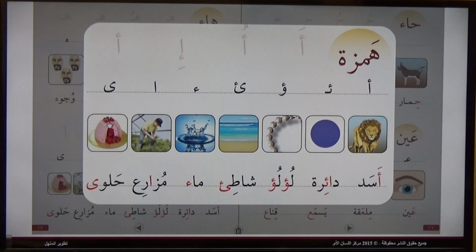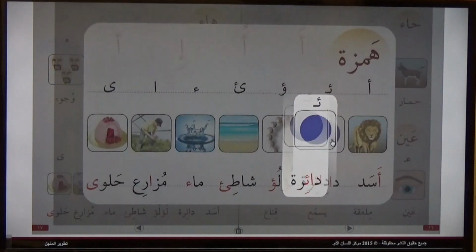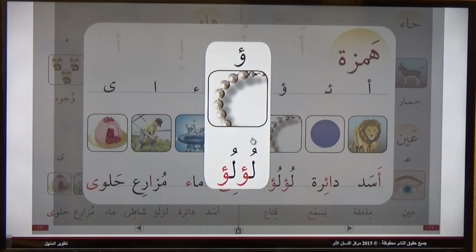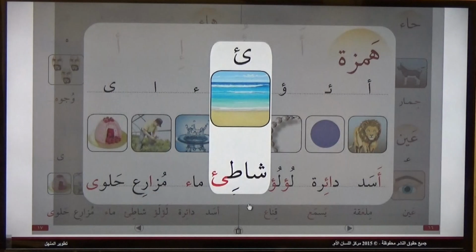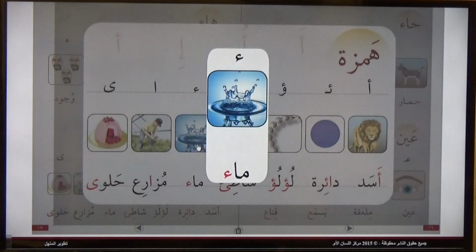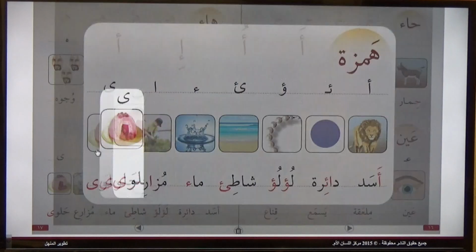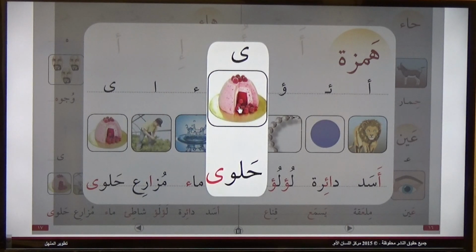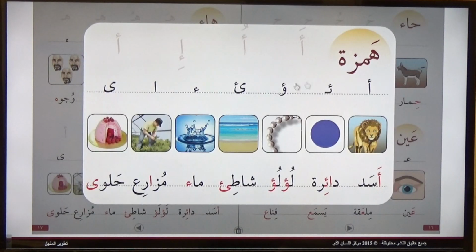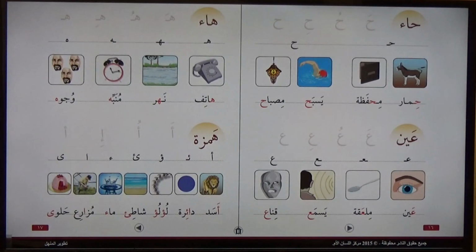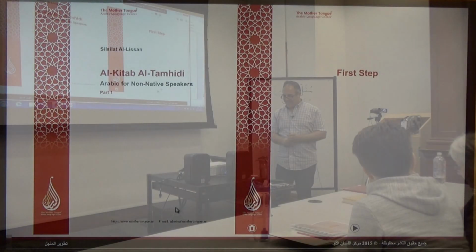The letter Hamza. أسد, lion. دائرة, circle. لؤلؤ, pearl. شاطئ, beach. ماء, water. مزارع, farmer. حلوى, desserts. So they combined Hamza and Alif, and how they are written in separate locations, and then that's it.